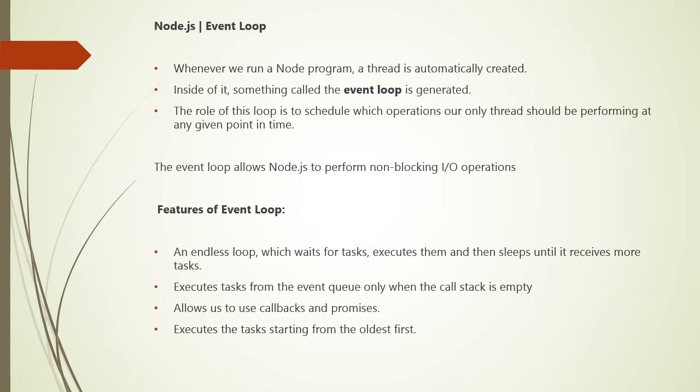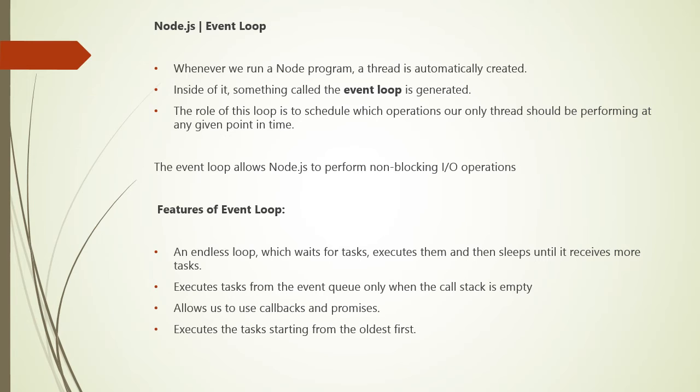Node.js is a single-threaded, event-driven platform that is capable of running non-blocking asynchronous programming. This functionality of Node.js makes it memory efficient. The event loop allows Node.js to perform non-blocking I/O operations despite the fact that JavaScript is single-threaded.